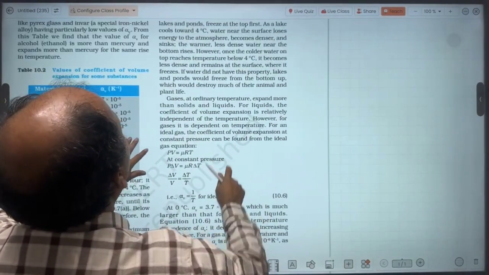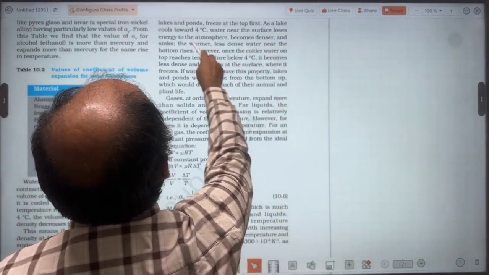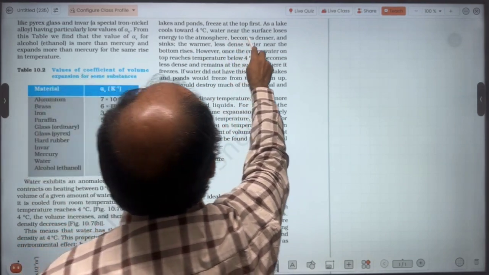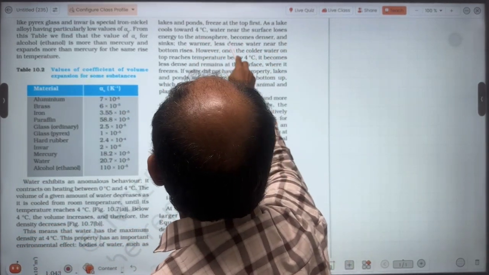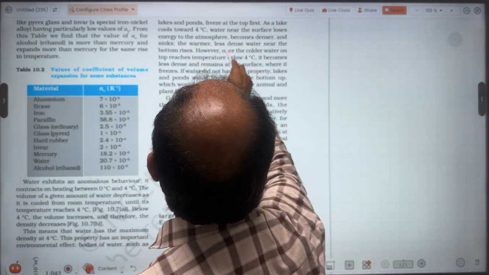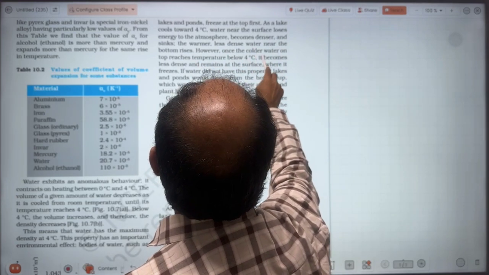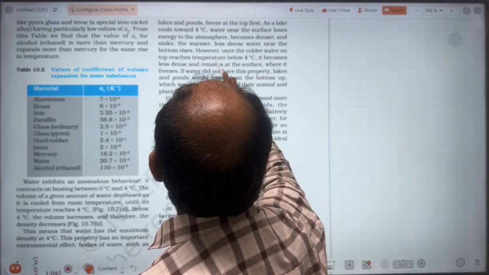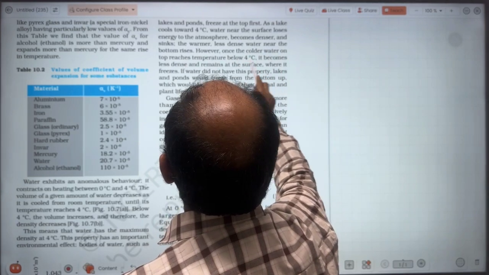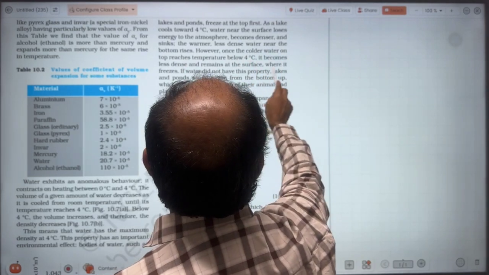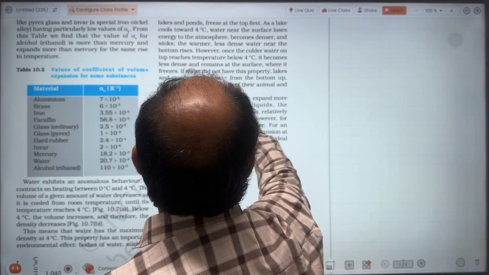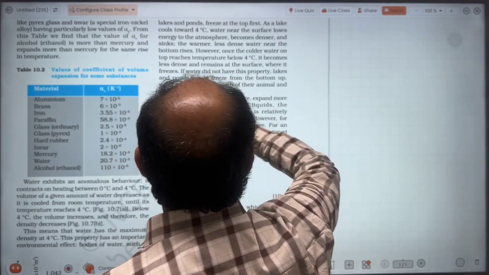It's simple. As a lake cools toward 4 degrees centigrade, water near the surface loses energy to the atmosphere, becomes denser and sinks. The warmer, less dense water near the bottom rises. However, once the colder water on the top reaches a temperature below 4 degrees centigrade, it becomes less dense and remains at the surface, where it freezes. If water did not have this property, then what would happen?